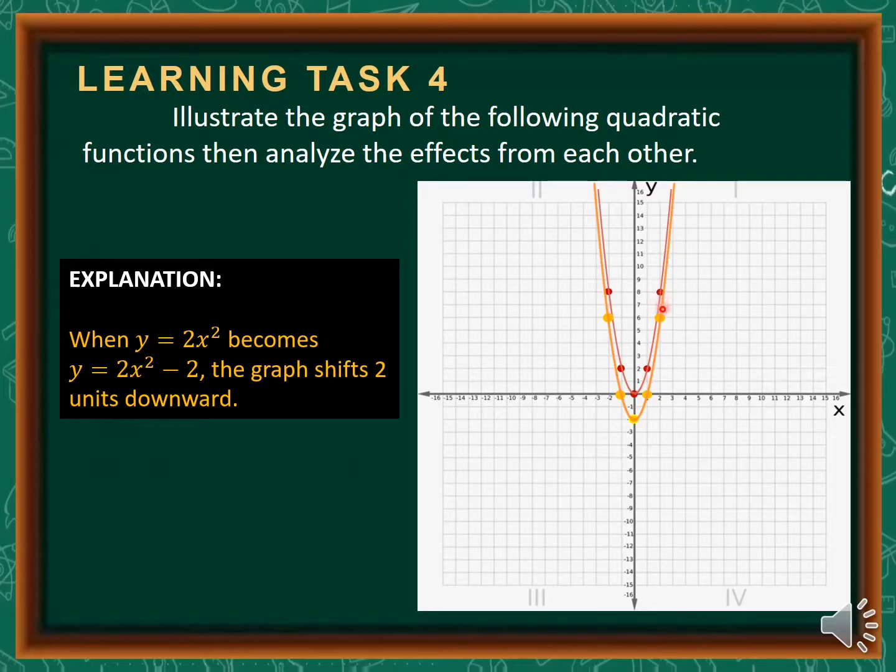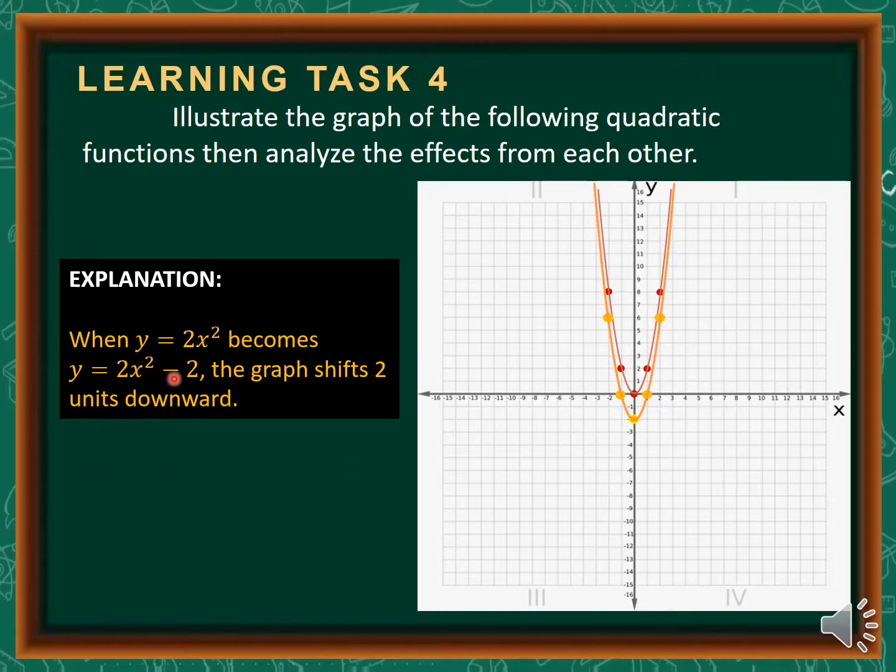So if you notice, when y is equal to 2x squared becomes y is equal to 2x squared minus 2, nadagdagan ng constant na negative 2, then the graph shifts. Pag sinabing shift, it moves. The graph moves or shifts 2 units downward. Pababa siya. And just like what we have learned in the video presented earlier, di ba? Dito po nagdedepende sa value ng k if how many units we will move our graph downward or upward.